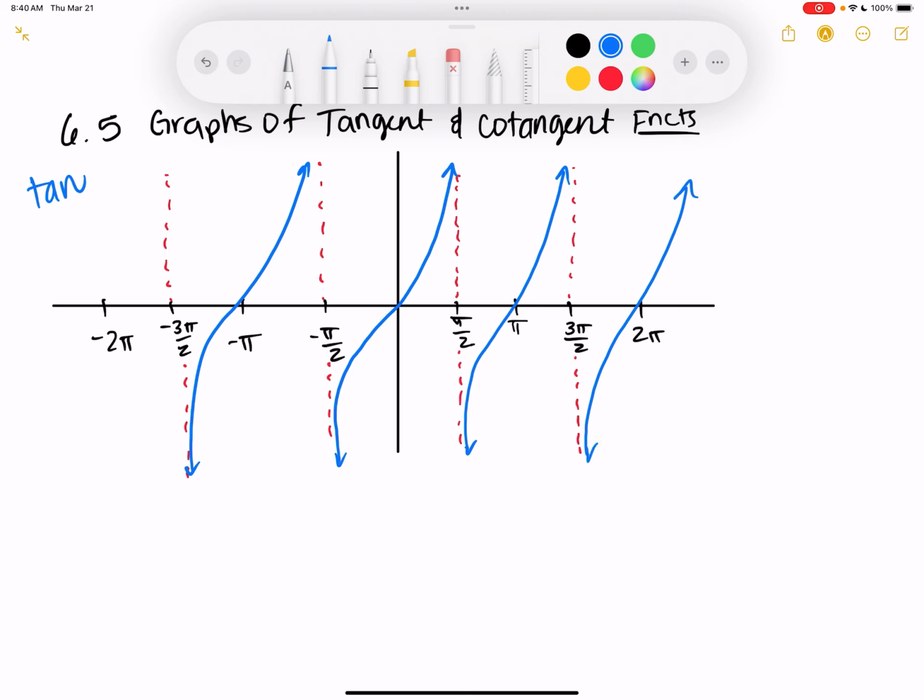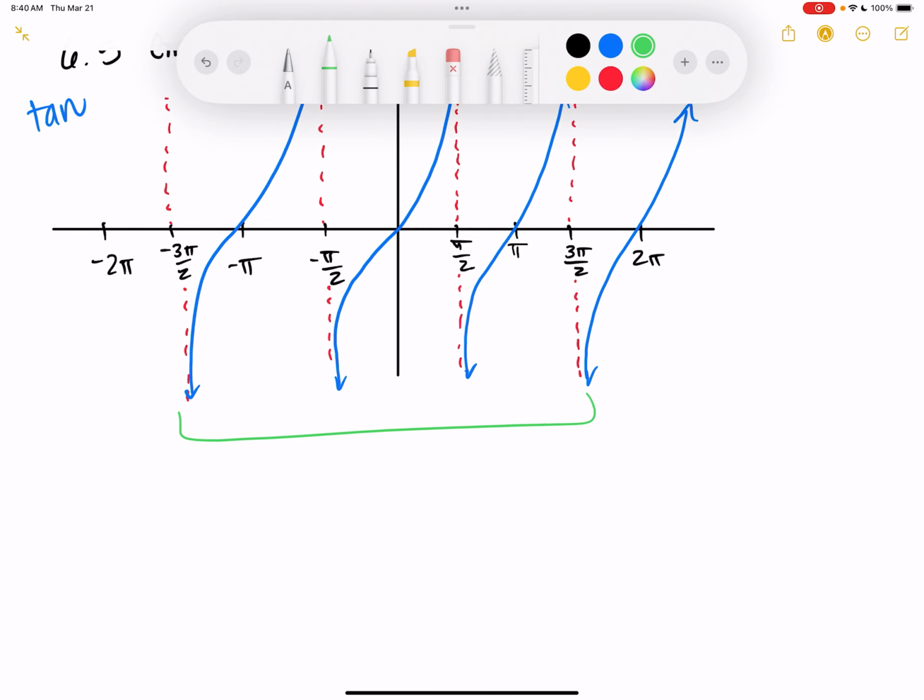But when I'm asking you to draw the parent function, this region here is what I want to see on your test. And so if you ever forget where those asymptotes are, just look at where tangent's undefined on the unit circle, and then you'll know on the graph.